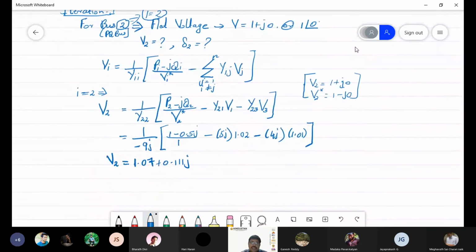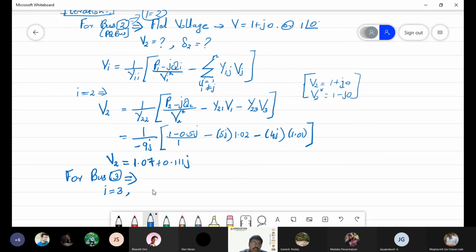So for bus 3, next we can write, for bus 3, which implies, so here we know that i is equal to 3.